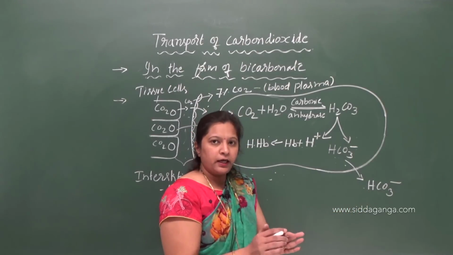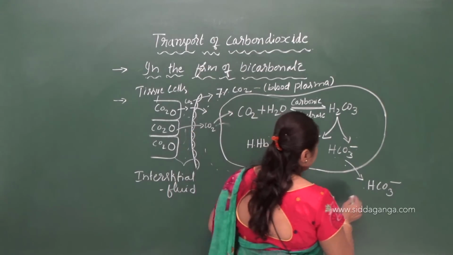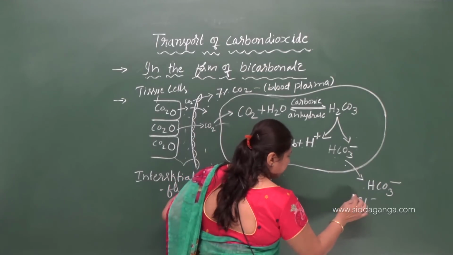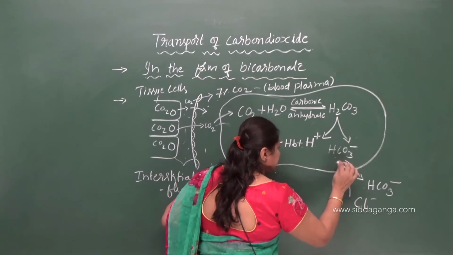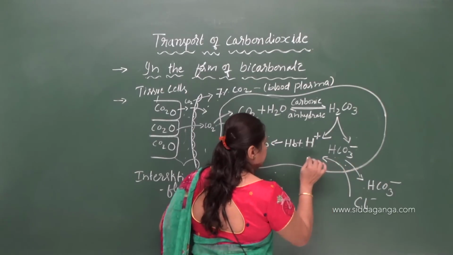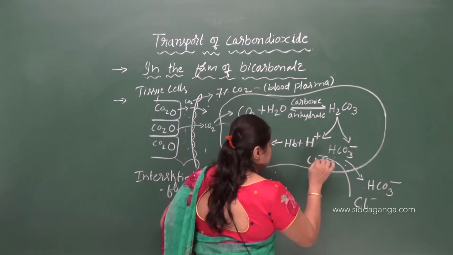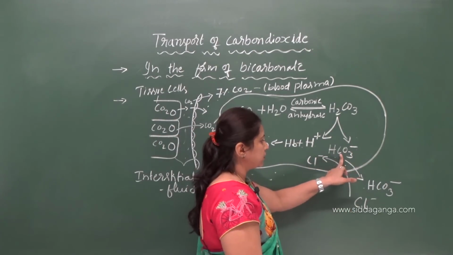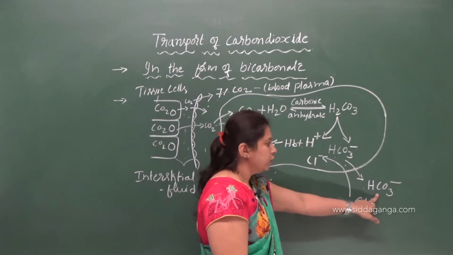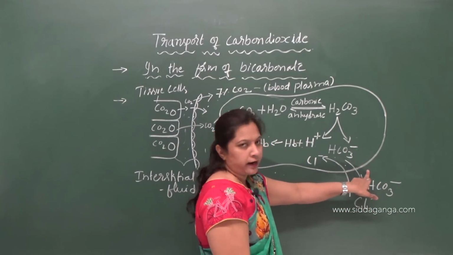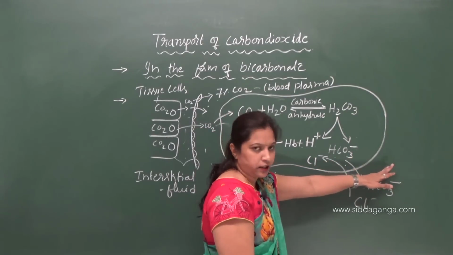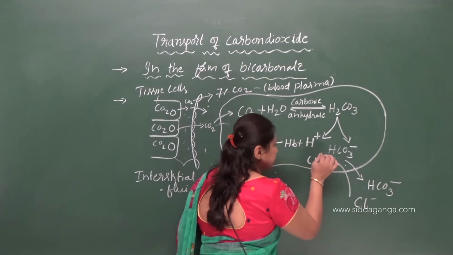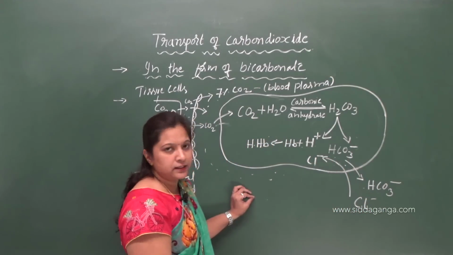So in order to maintain the ionic balance, the chloride ions present in the blood plasma will diffuse into the RBCs, so that the ionic balance is maintained.